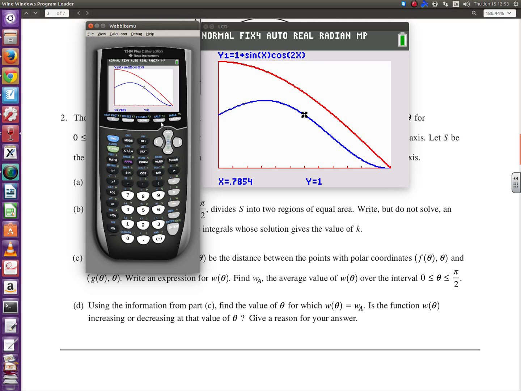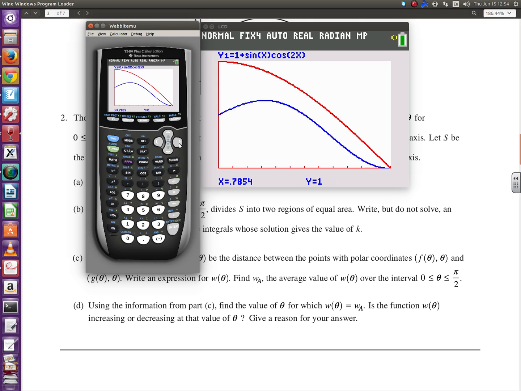Then 10 pi over 12, which is 5 pi over 6, up to 11 pi over 12, and then 12 pi over 24 is pi over 2, right, okay.